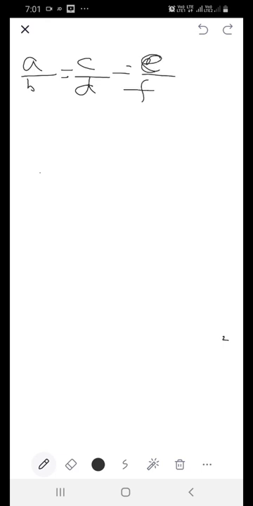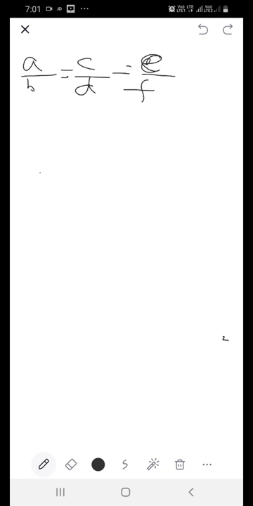It is given that A upon B is equal to C upon D is equal to E upon F. This is given to you.